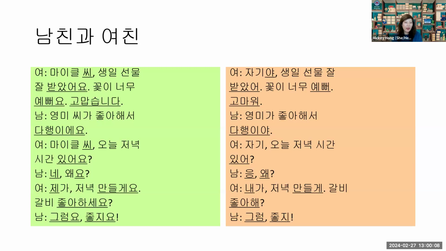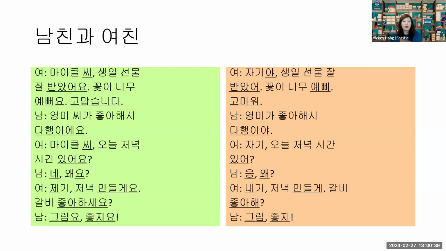Do you have time today at dinner? 네, he answers, 네, 왜요? 요 is still there, even if it's a very simple question, why? 제가 저녁 만들게요. She says, I'll make dinner, referring to herself as 제가. 갈비 좋아하세요? Do you like 갈비? 그럼요, 좋지요. All of their speech ends with 요, and the only exception is 고맙습니다, which is the formal form.